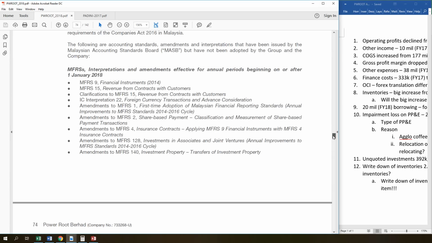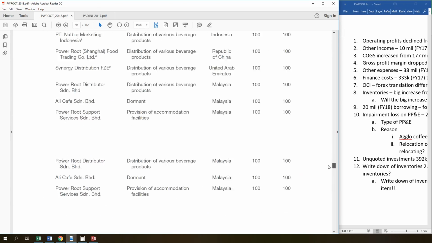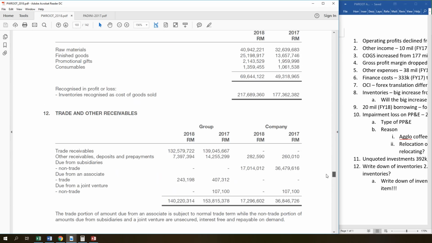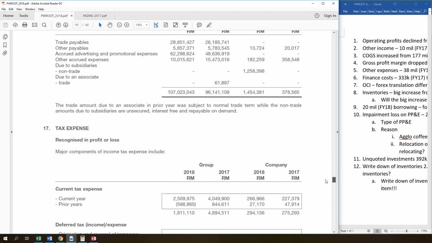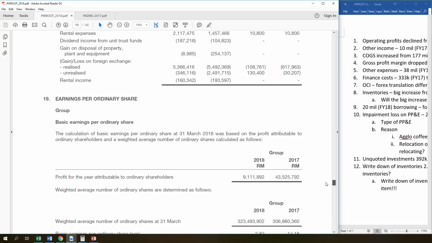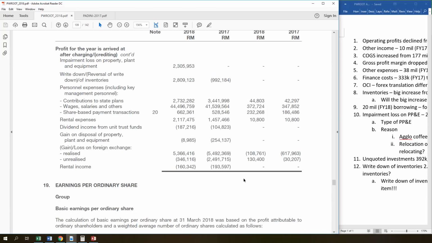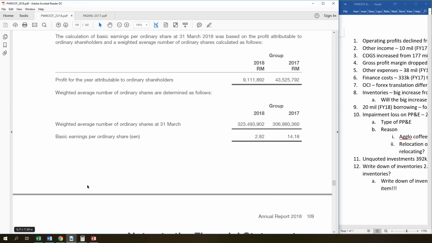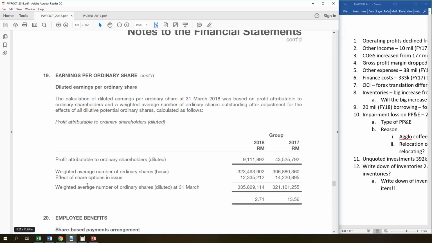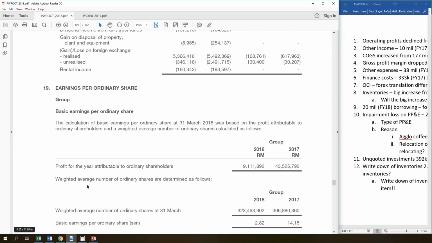Go back to the profit of the year. Where was it? Earnings per share.